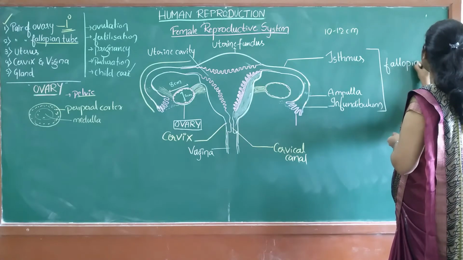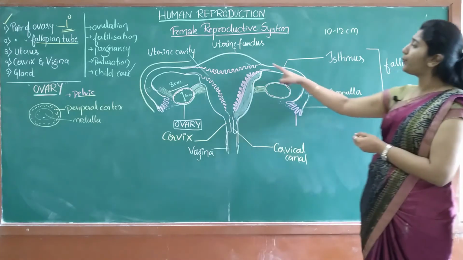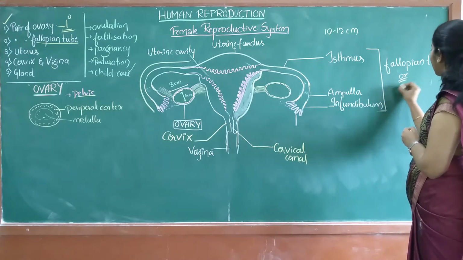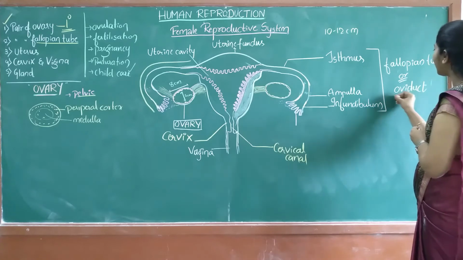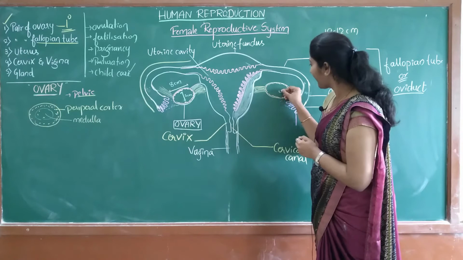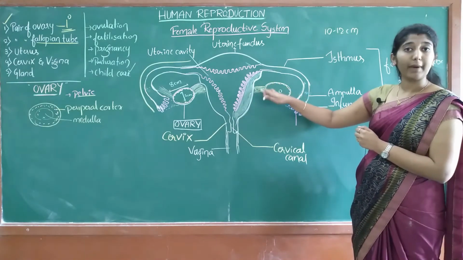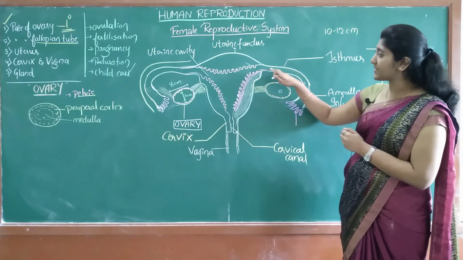All these three parts together are called the fallopian tube. And this fallopian tube is also called the oviduct. Why do we call it the oviduct? Because the ovum which is formed by the ovary is carried through this specific duct.